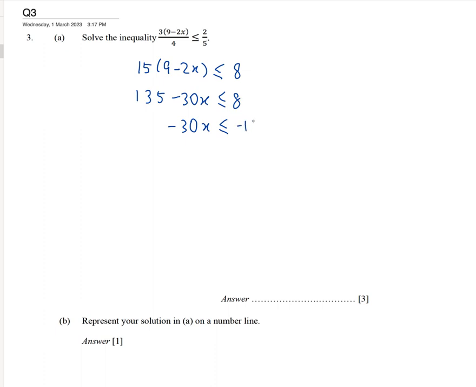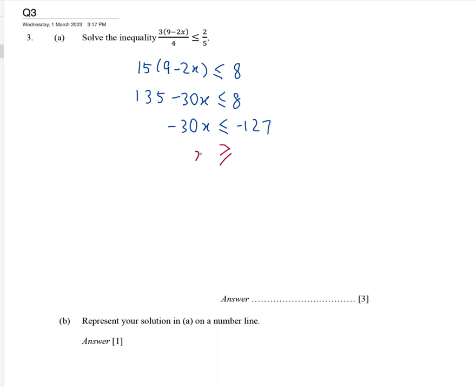That gives us 127. And dividing both sides by a negative means that we have to reverse the inequality sign. This is the only thing that is different about an inequality, that when we divide by a negative number, we need to reverse the sign.